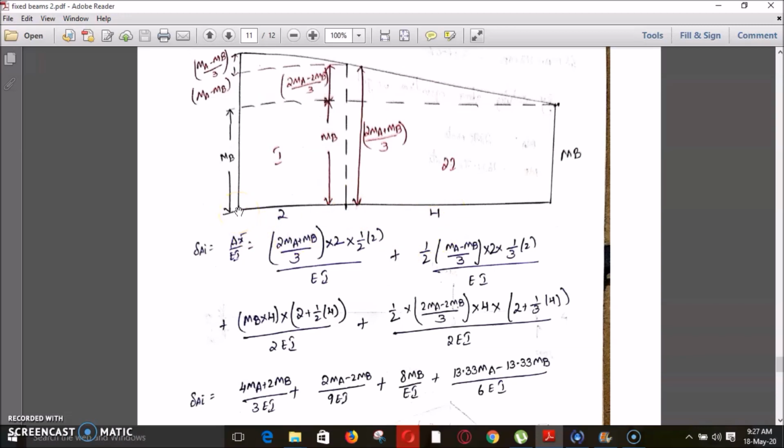So the X bar value is 2 plus half of 4, divided by E into 2I, since the flexural rigidity here is 2I.